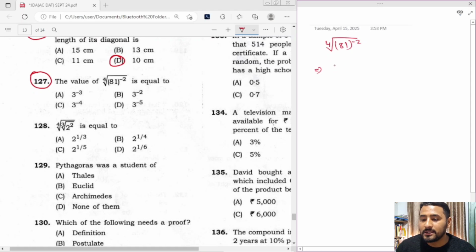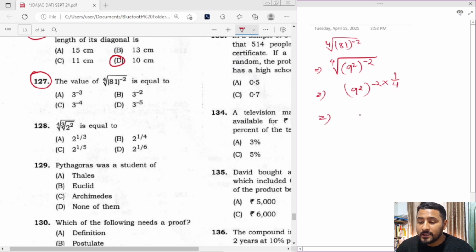So what you can do is break this 81 into 9 square. 9 square is 81. You can write like this, right? Now this root over 4, you can write as a power of 1 by 4.